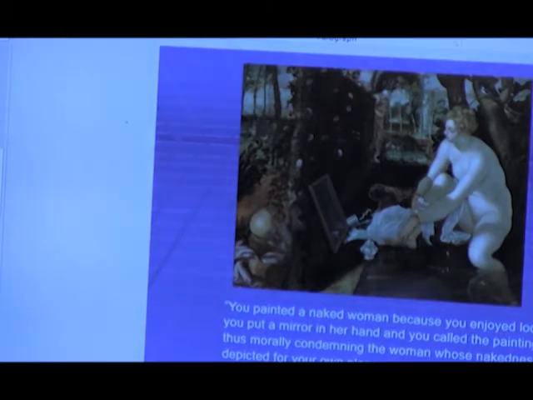The real function of the male artist putting a mirror in the hand of the nude was to connive. What is connive? To kind of pull the wool, or coerce, or it was kind of like propaganda. One can say it was propaganda for the female's perception of herself.